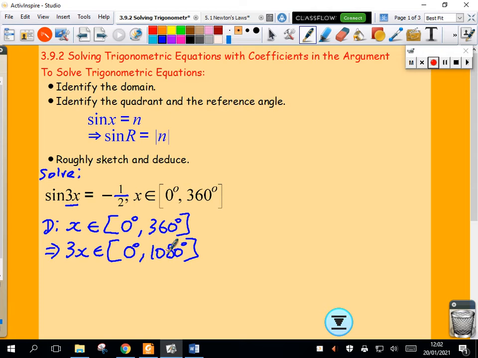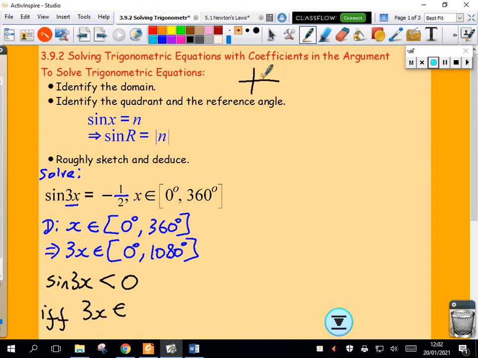The next thing I want to do is think about the quadrant. So we have sine of 3x, and it's negative 1/2. So sine of 3x is negative if and only if 3x, not x, belongs to, well, where will 3x belong?